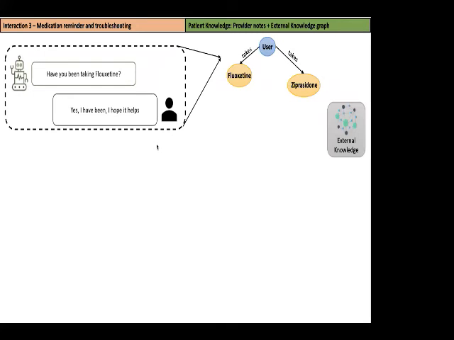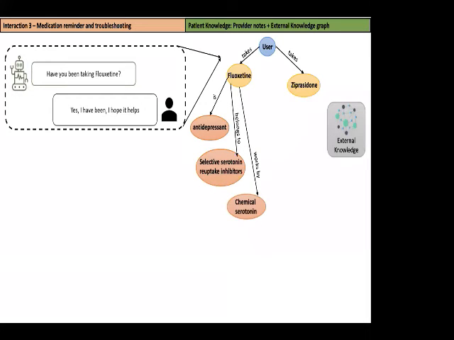Now, continuing the conversation, for fluoxetine, a lot of external knowledge is available: that it is an antidepressant, it has this class, it works on what kind of chemical, it is used for what disease, and how it is available when you have to shop for it. Using this kind of information, it continues the dialogue.